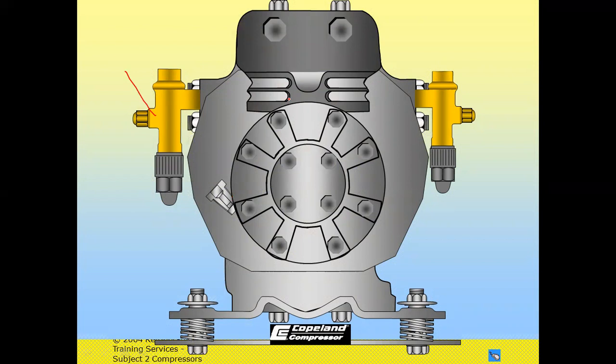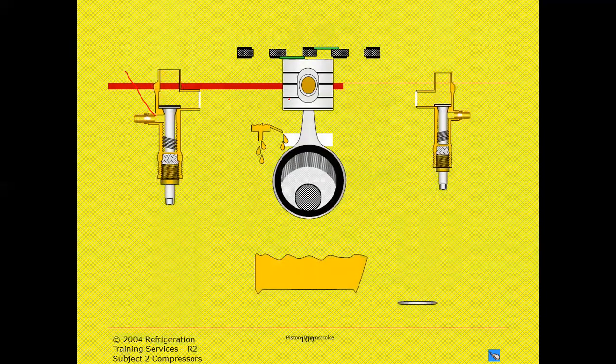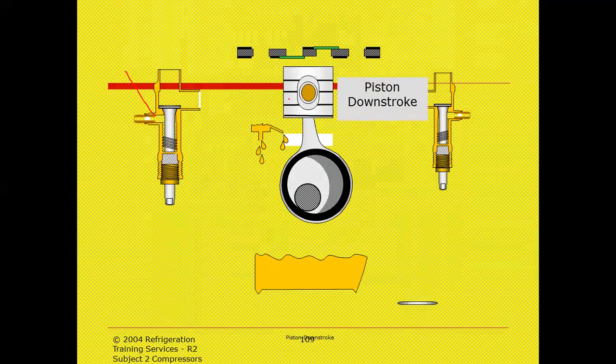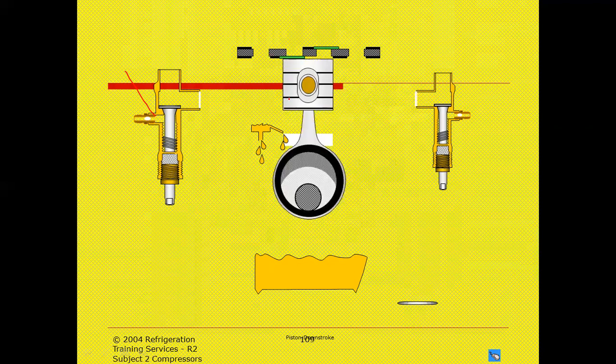This is an inlet, and there is an outlet. Now see how the crankshaft rotates.